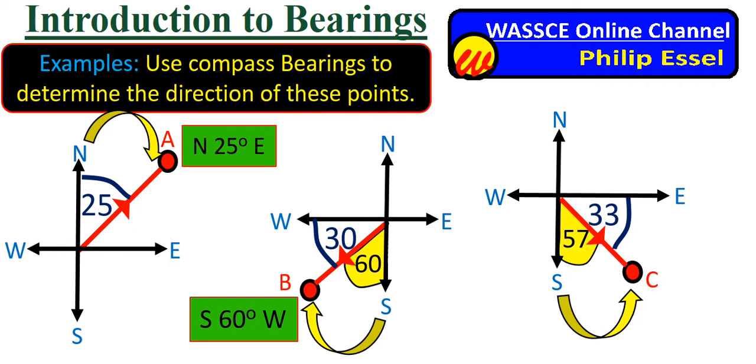What this means is that C is located at the position south 57 degrees east, and that is the compass bearing of the point C.